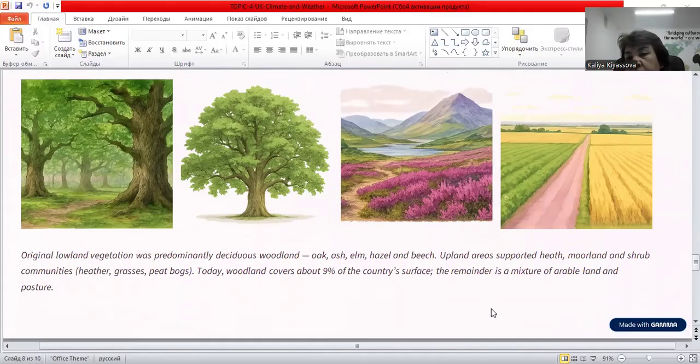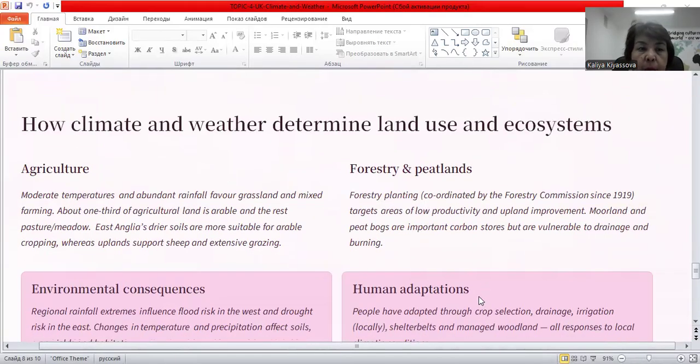Upland areas supported hazel, moorland, and shrub communities: heather, grasses, peat bogs. Today, woodland covers about 9% of the country's surface. The remainder is a mixture of arable land and pasture.